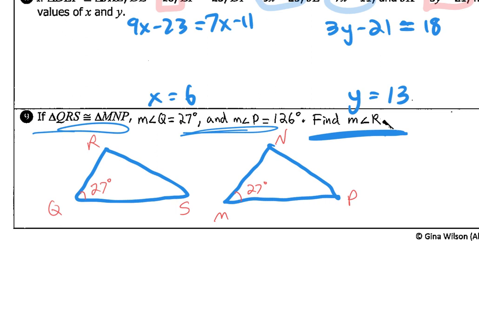It says the measure of angle P is 126 degrees, right, which I know matches up with angle S, which is also 126 degrees, again, because using the order of the letters, right? So now I can see very clearly that both angle R and angle N are just simply what remains.